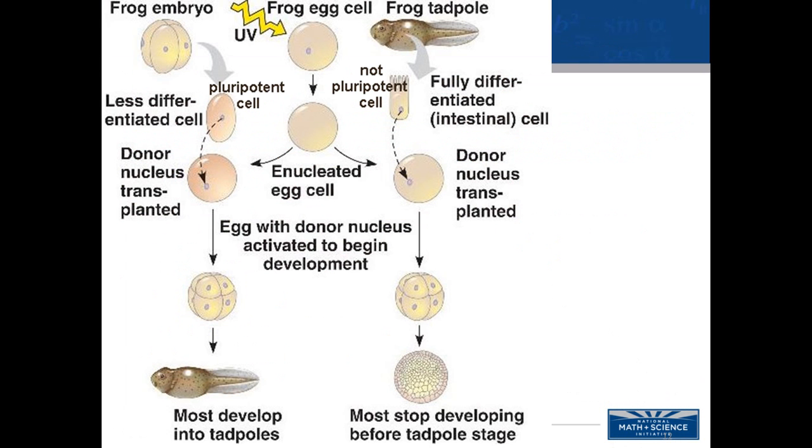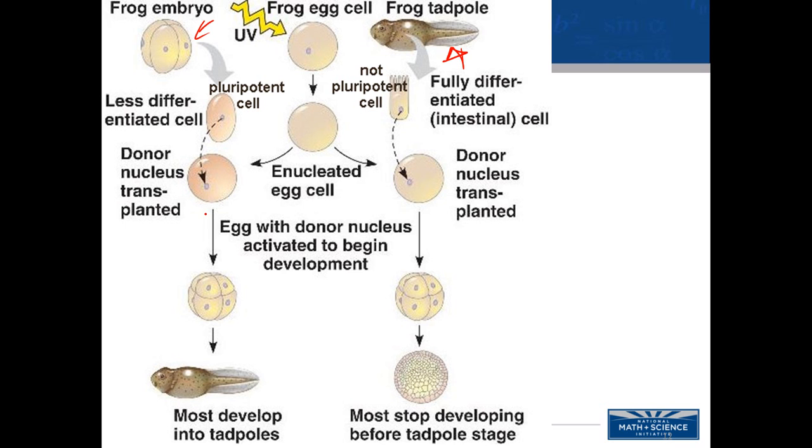Now, in this process of determination, what we have found out is that the older the cell is, the less likely that it is going to be pluripotent or totipotent. So in looking at this diagram here, we have a frog embryo and we have a tadpole.